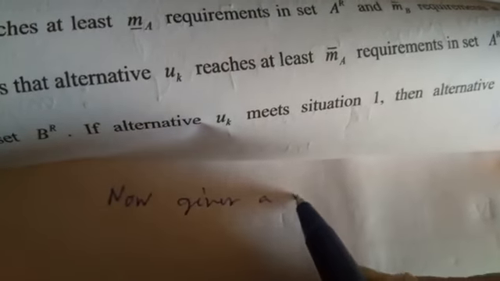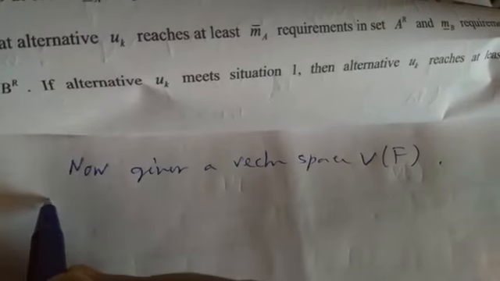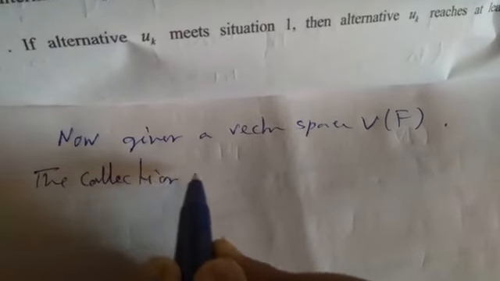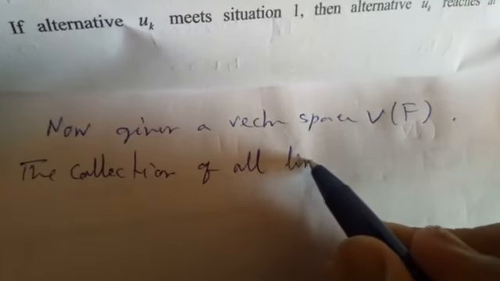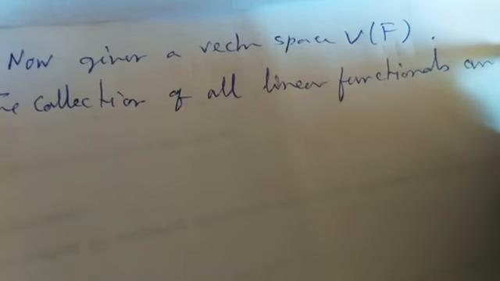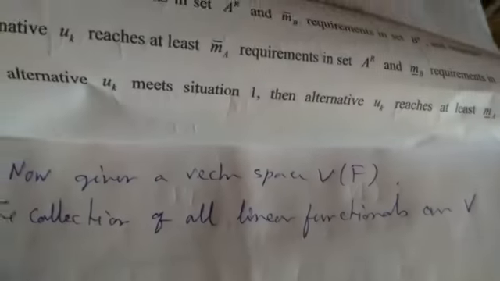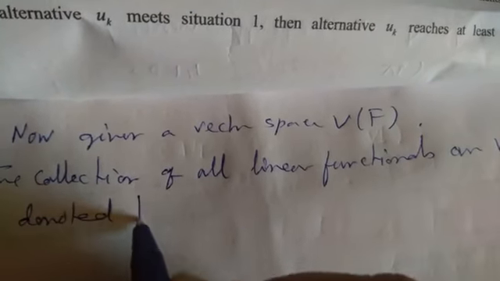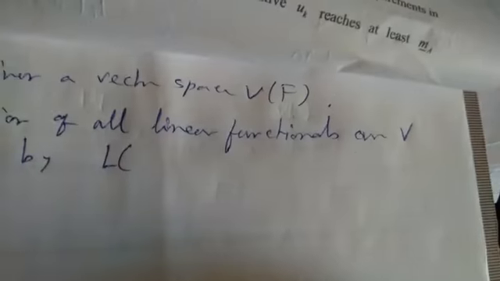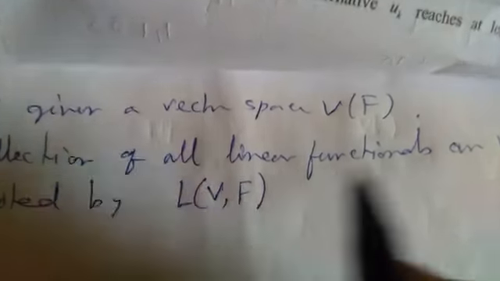Now, given a vector space V over the field F, the collection of all linear functionals over V, this collection of all linear functionals over V is denoted by L(V, F).